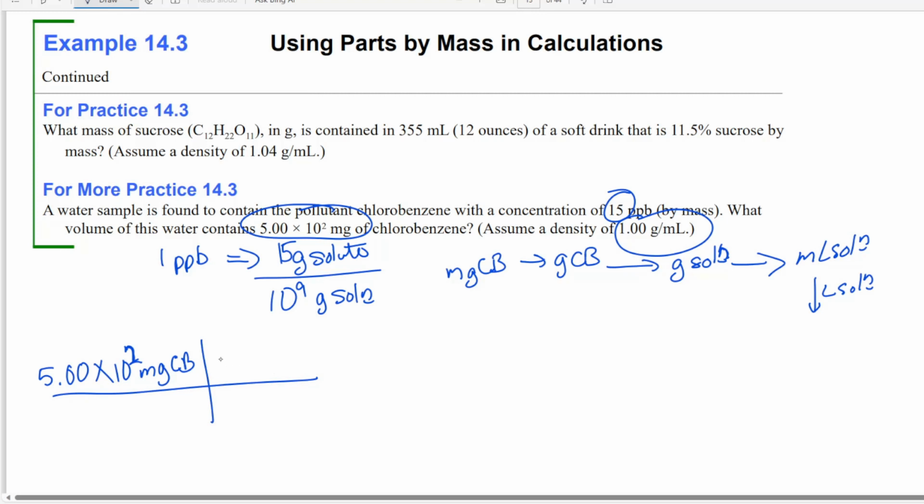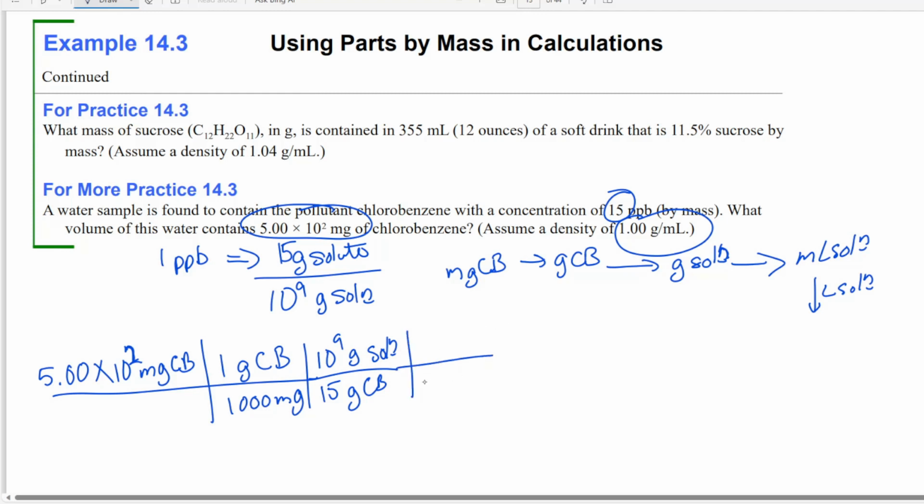Alright, now we know that 1 gram of chlorobenzene is 1,000 milligrams because there's 1,000 milligrams per gram of anything, and 15 grams of chlorobenzene is in 10 to the 9th grams of solution.